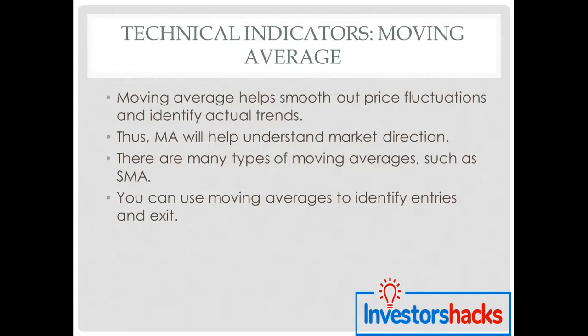There are various types of moving averages, such as a smooth moving average or SMA, and this is basically one of the best, because it helps to smooth out the price. You can use moving averages to identify entries and exits. I'll be able to show you that practically as we continue in this lesson.